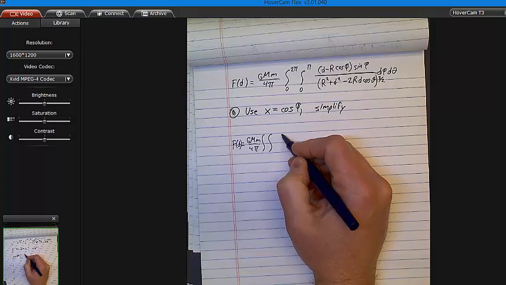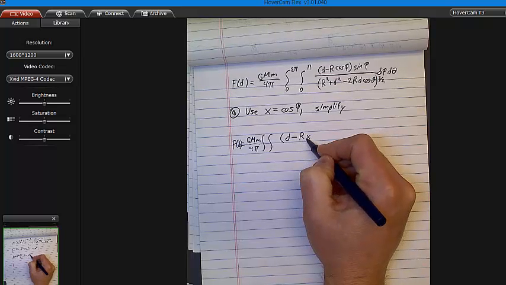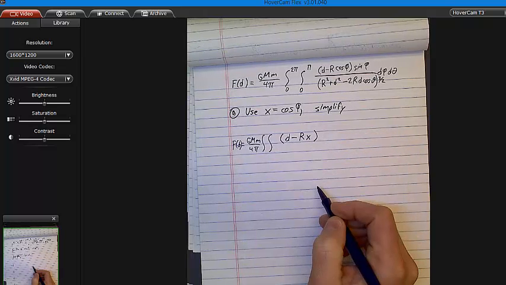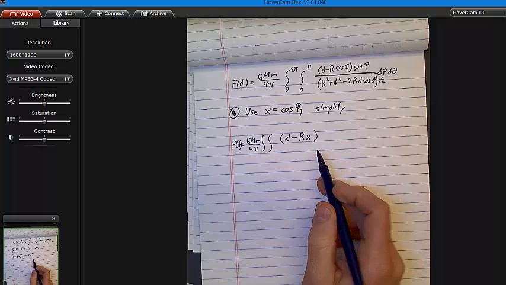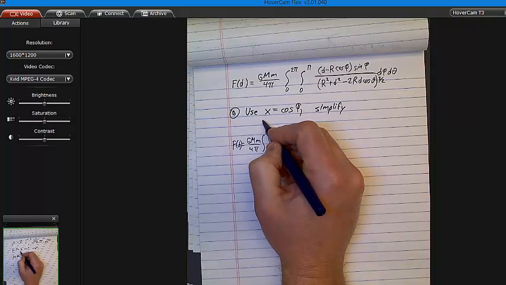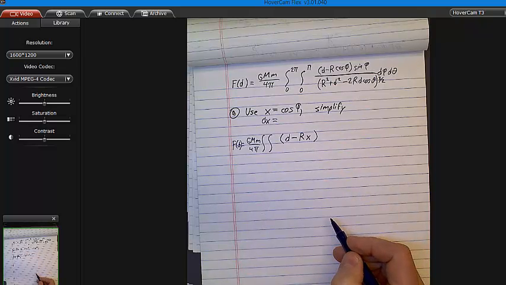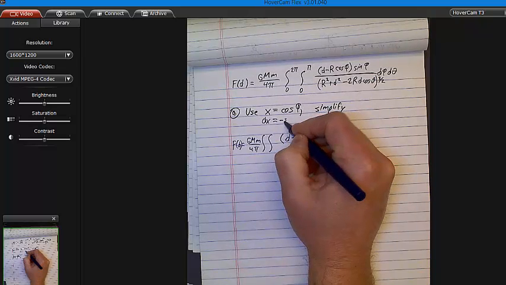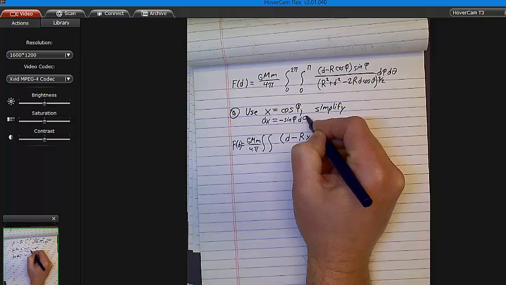We're going to have d minus rx. Now the other thing that happens, I know about substitutions. Whenever you write x equals, you also compute dx. What does dx equal? Negative sine phi d phi.